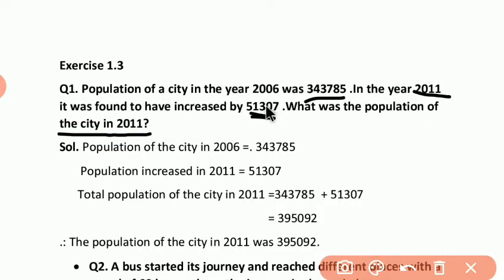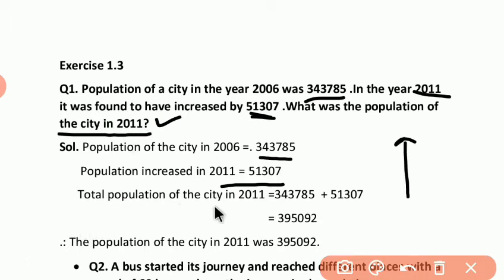First, we see that in 2006 the population of the city is given as 3,43,785, and in 2011 it increased, meaning this many more people were added. So the population increase in 2011 is 51,307.